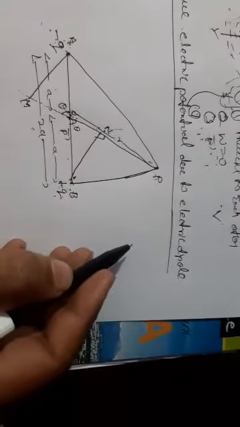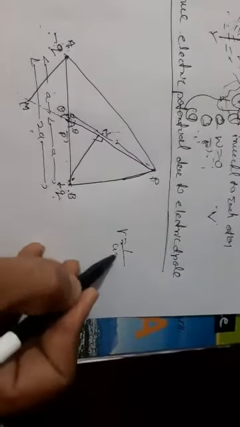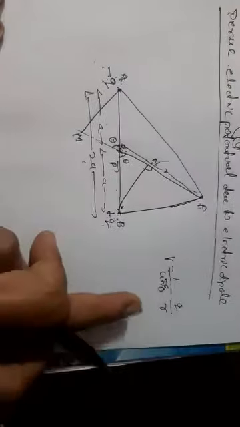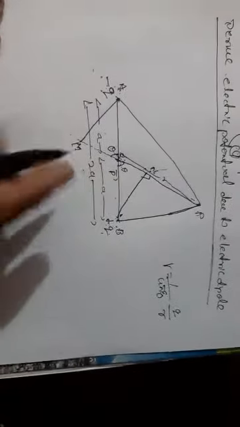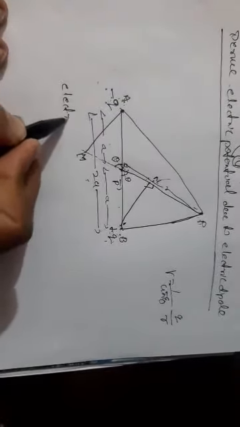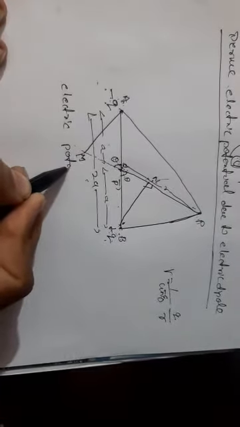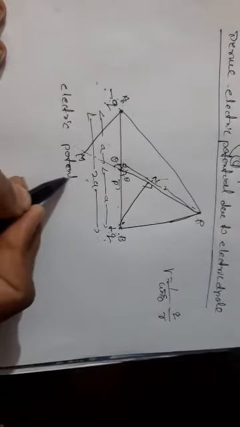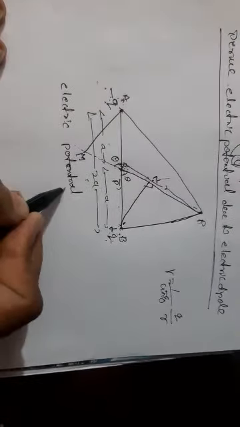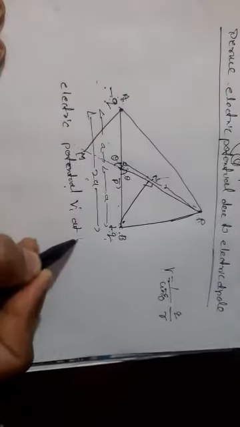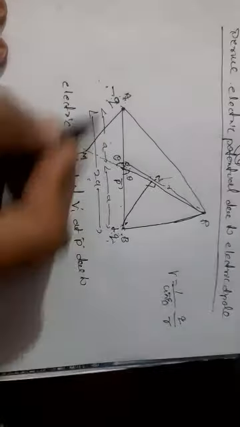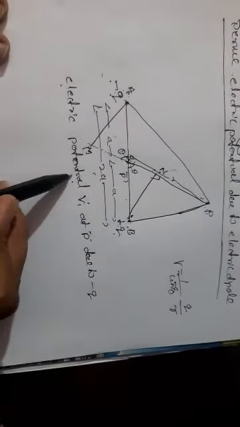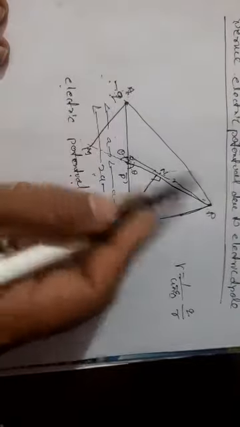What is the electric potential due to a single point charge? V is equal to 1 by 4 pi epsilon naught, charge q divided by the distance r. The electric potential V1 at a point P due to the charge minus q: what is the distance?